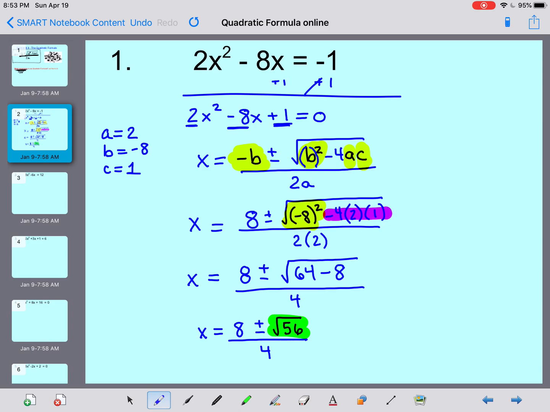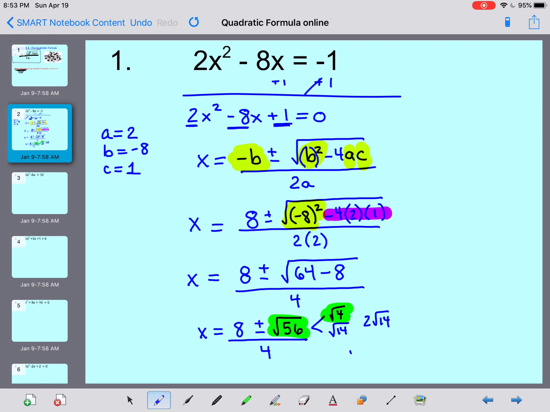This is what you did in the last chapter. So think of two numbers that multiply to make 56, but one of them has to be a perfect square. So that would be 4 times 14. The square root of 4 is a perfect square. That becomes a 2. So this whole radical becomes 2 root 14.